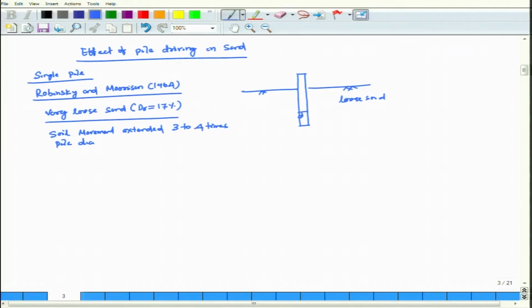If this is my D, soil movement extends 3 to 4 D. Then at the tip, 2.5 to 3.5 diameters below the tip, 2.5 to 3.5 D. Here it is varying 2.5 to 3.5 D.